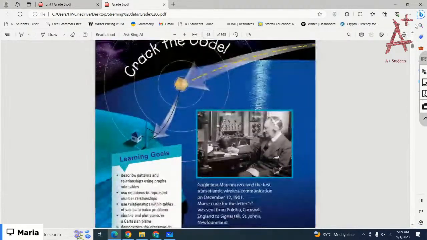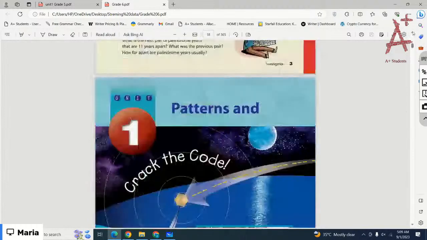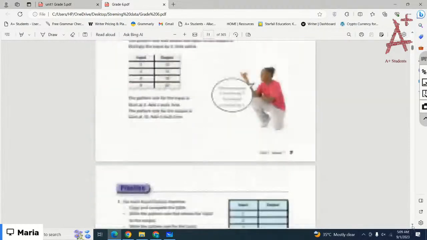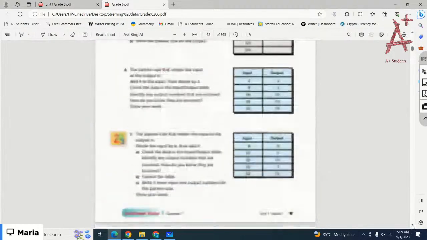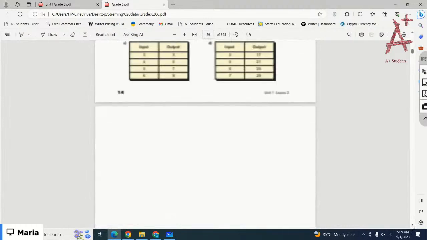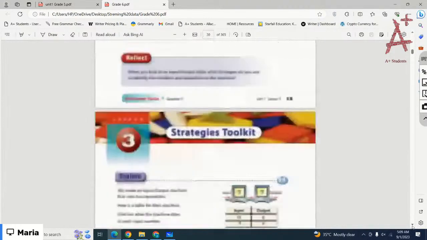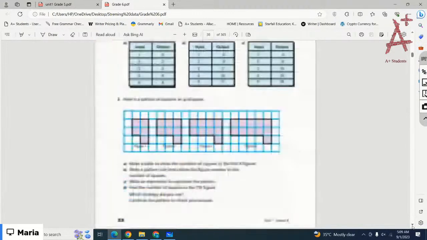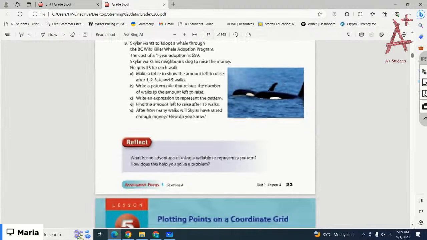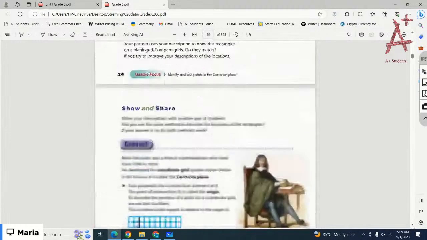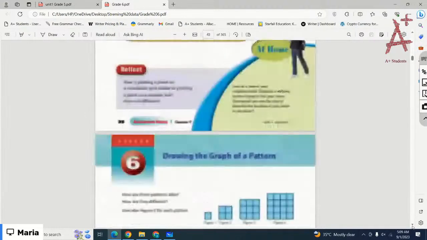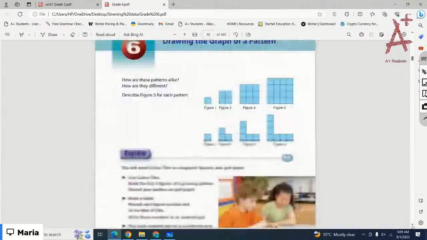Here is the chapter we're working on, patterns and equations, right? And we're working on lesson 6, drawing the graph of a pattern, right?